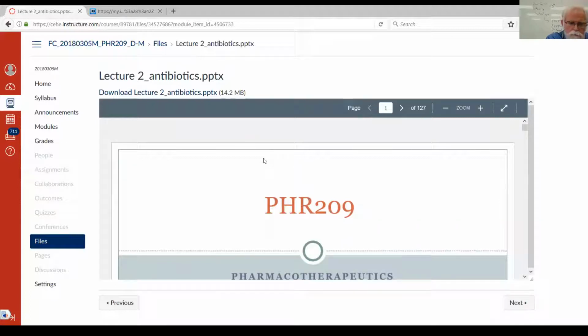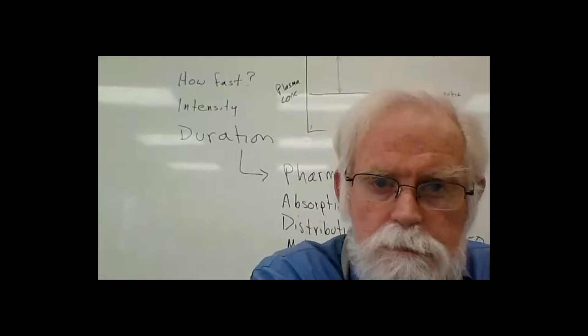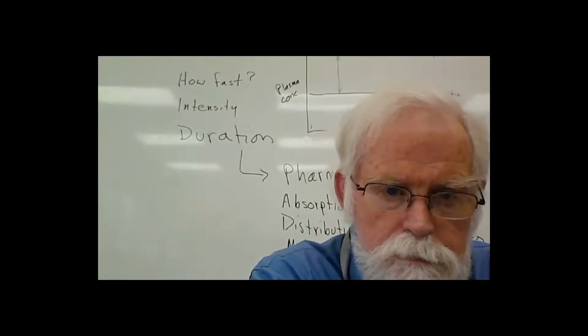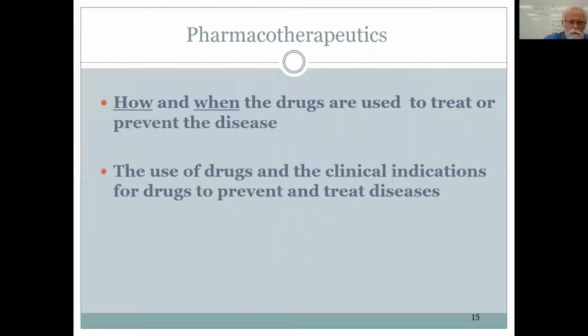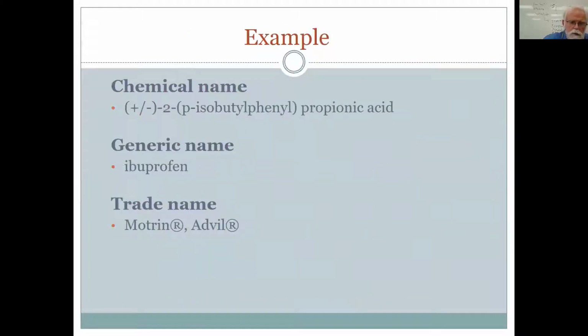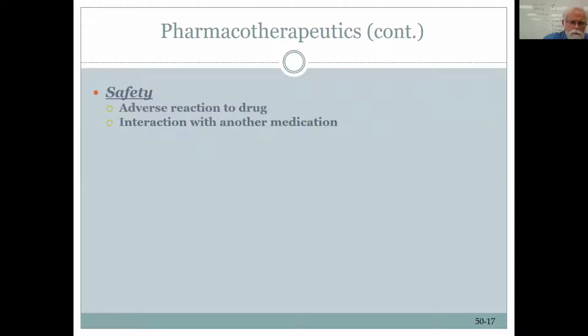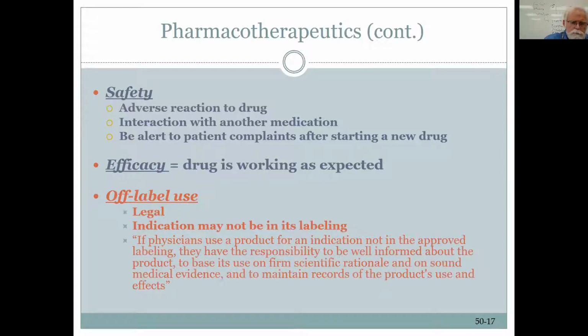Let's start talking about antibiotics. If we look at drugs, I'm just going to go back and make some other general comments about the use of drugs.